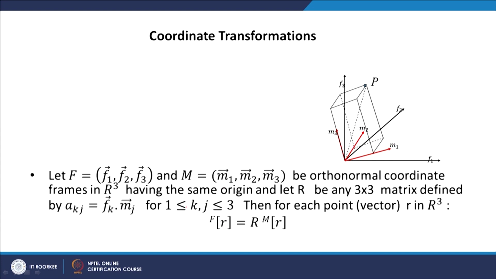So, this result says that if R is a vector in the space R3, then R represented in terms of F is related to the same vector R represented in the space M by multiplying a matrix R here. So, the relation between R with respect to F and R with respect to M is given by this expression, where R is called a rotation matrix here.